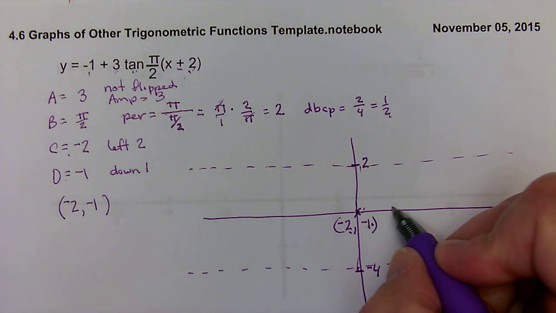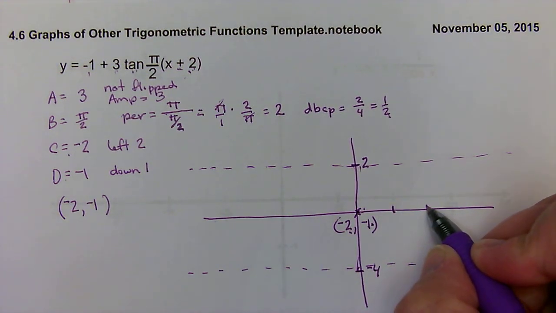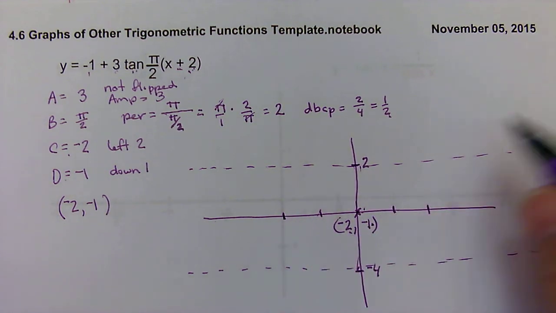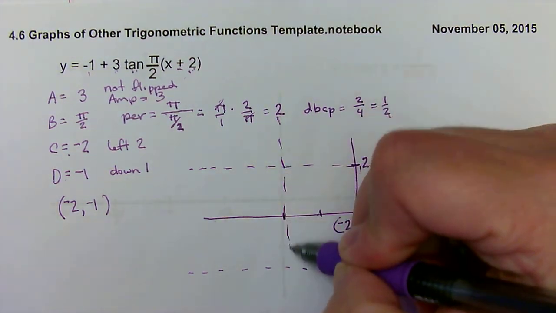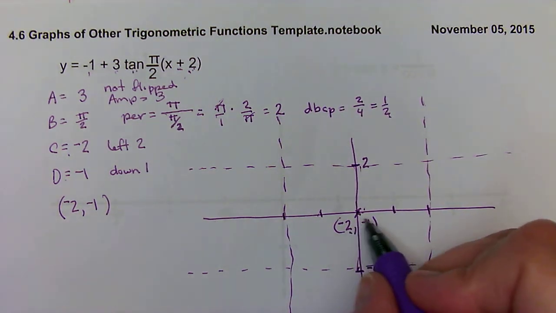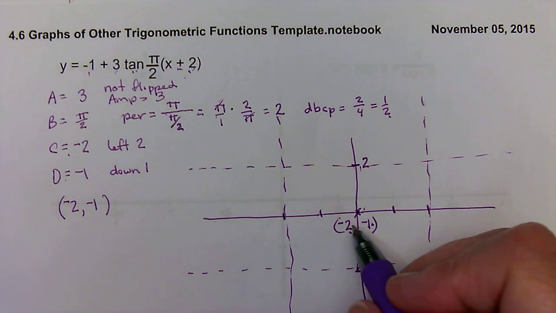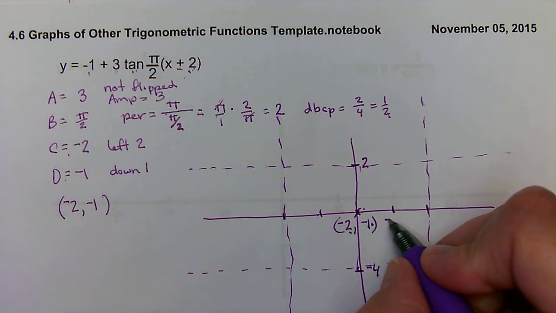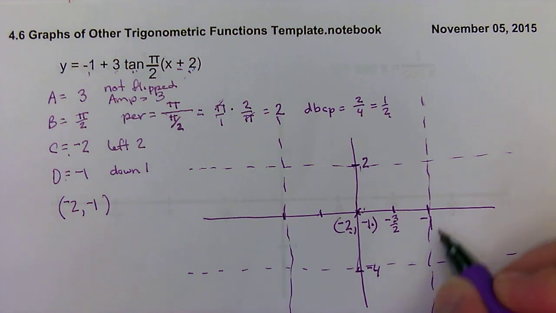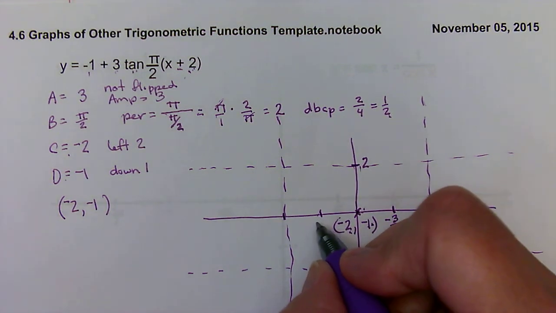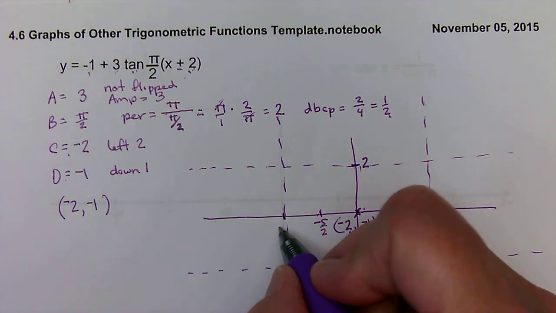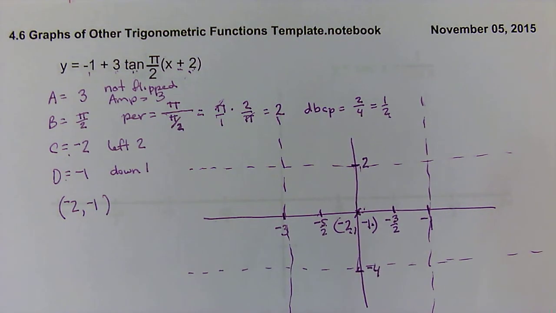So going to the right 2, not 4, and to the left 2, this is where my vertical asymptotes are going to be. And these are distances of 1/2 in between. So -2 plus 1/2 would be -3/2, plus 1/2 would be -1. -2 minus 1/2 would be -5/2, minus another 1/2 would be -6/2, which is -3.